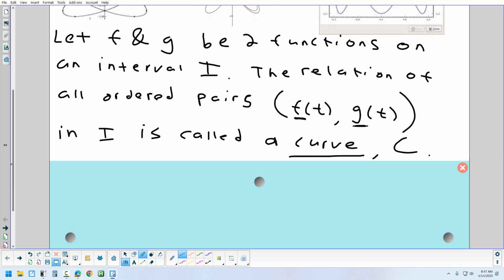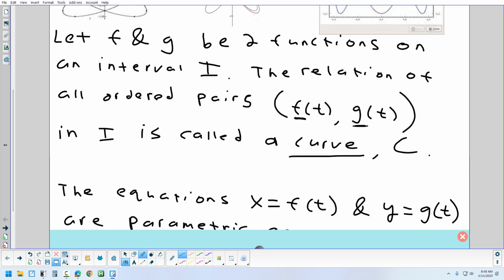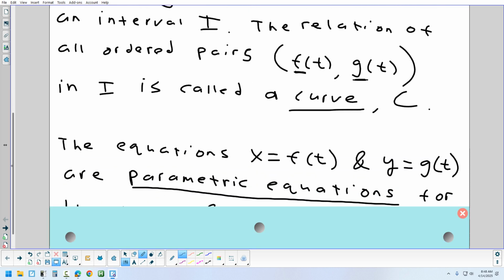And C, that's just the name I gave to the graph. Okay, that's the name of the curve. Just like we normally label things on the calculator like y1, y2, well, you could call the curve C1, C2. It's just the name of the graph you're looking at.